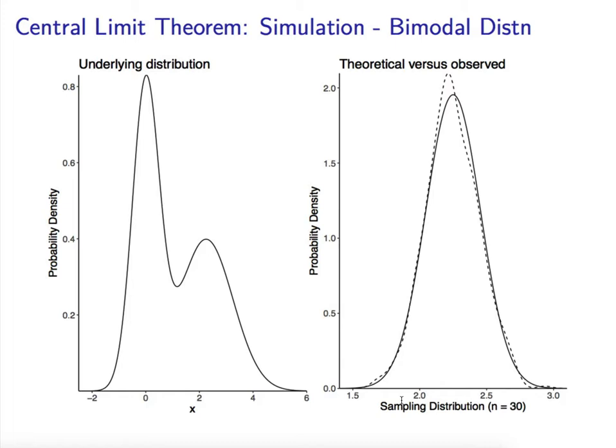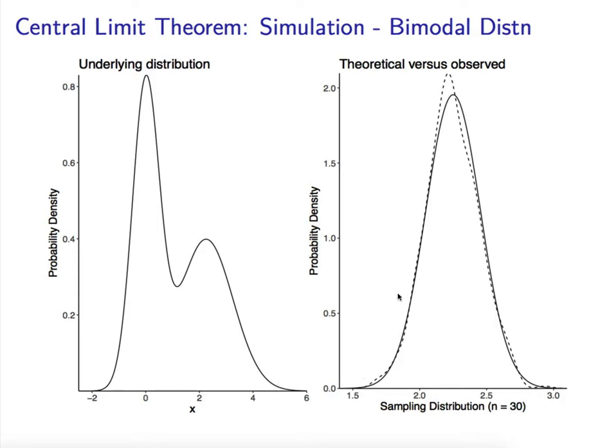Now here's another example. This is a fun distribution. It's a bimodal distribution, a mixture of two normal distributions. We're going to take 30 samples again and repeat this 500 times.